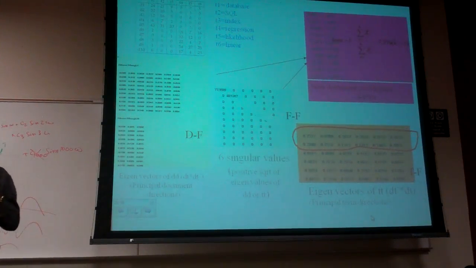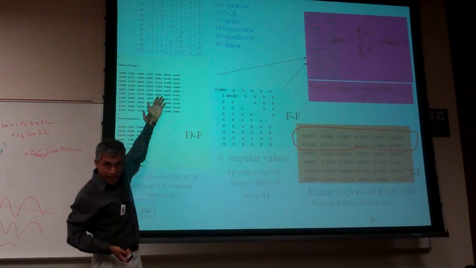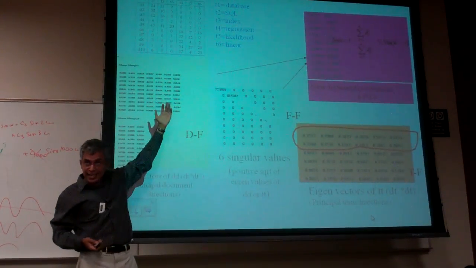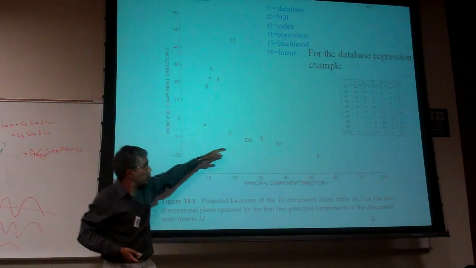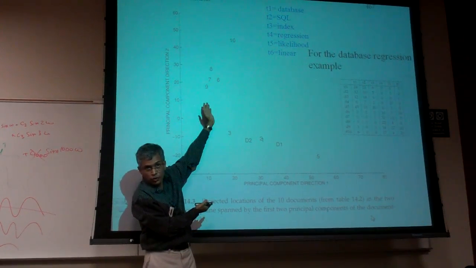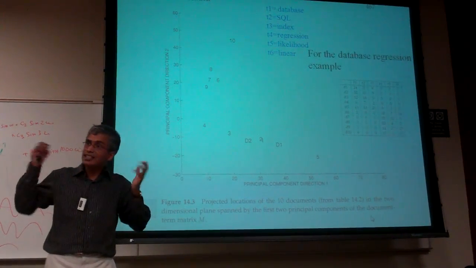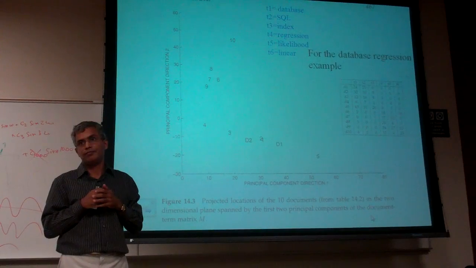Now notice that even if I don't have any query, LSI can be used. So even before these 2 guys came along, and right now I didn't tell you what the query is, you still are very happy. Why? Because you are able to see clusters in the data that you couldn't see before.